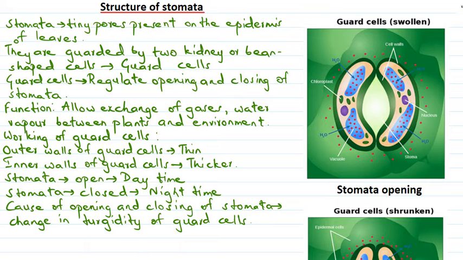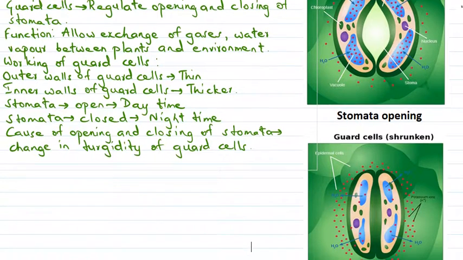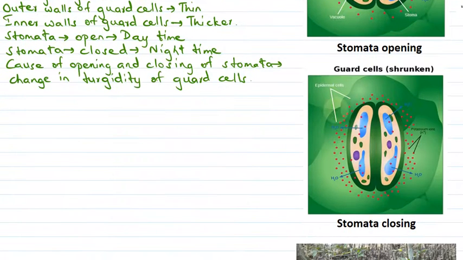Okay, now let's see the next picture of closing of stomata. So here what is happening, water is coming out of the guard cells. Okay, so the water is drawn out of the guard cells. Now what is happening, guard cells become flaccid. Okay, so in the above diagram or picture we saw that the guard cells became more turgid.